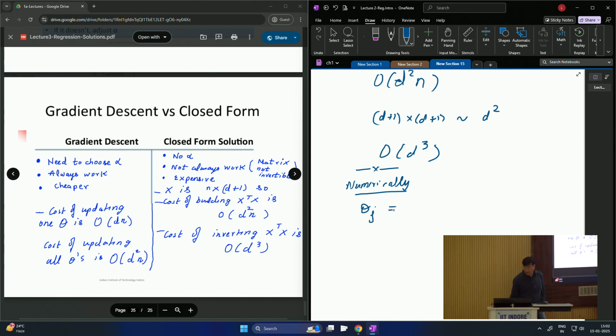So we were writing theta j is equal to theta j minus summation i equal to 1 to n h theta xi minus yi times xji. This was the iterate which we wrote in the gradient descent.